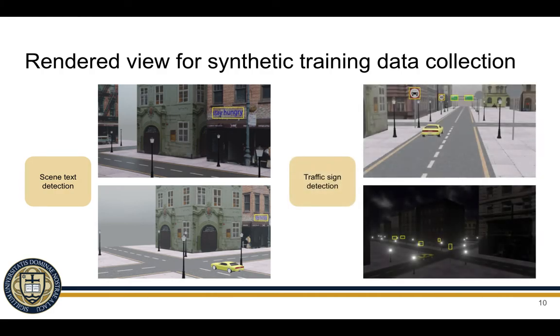Or we can place road signs along the roads, and by changing the environment parameters, the render engine can simulate the extremely low illumination during night in the real world. Since the bounding box of the inserted object can be returned by the render engine easily, in this way we can generate an unlimited amount of training data with little effort.